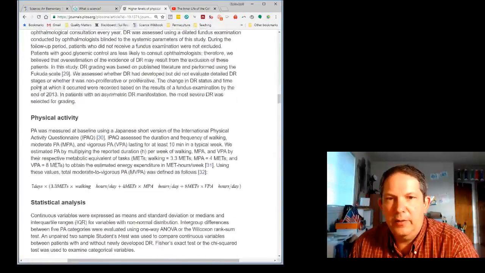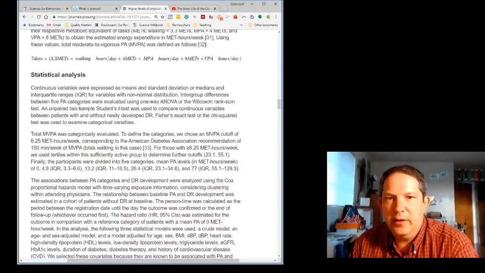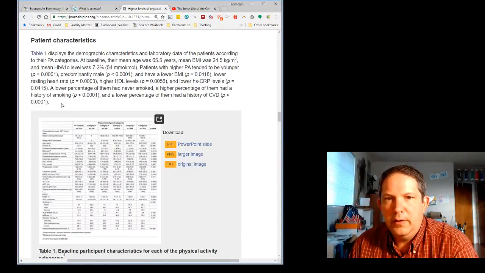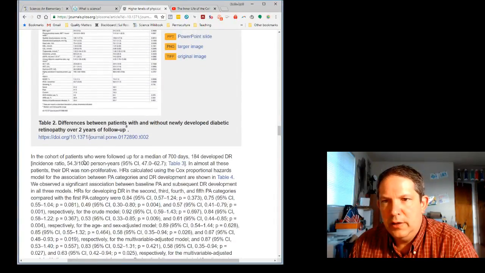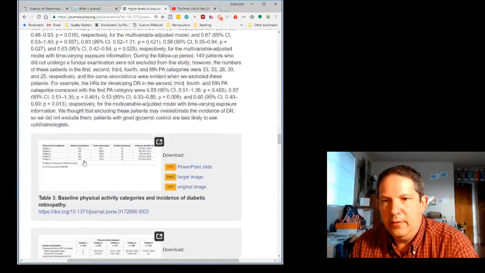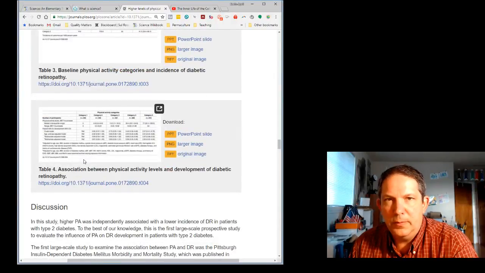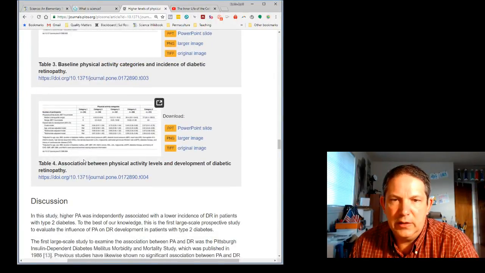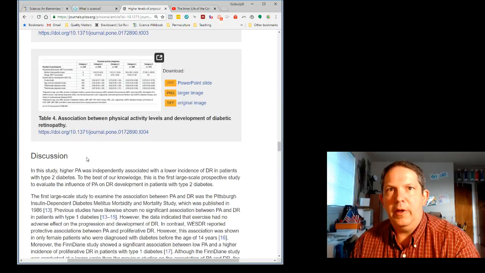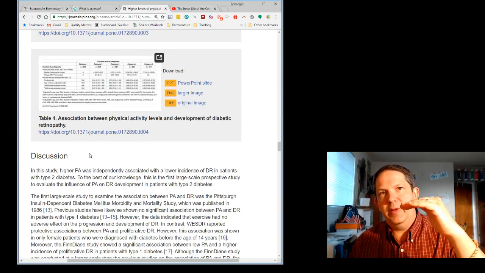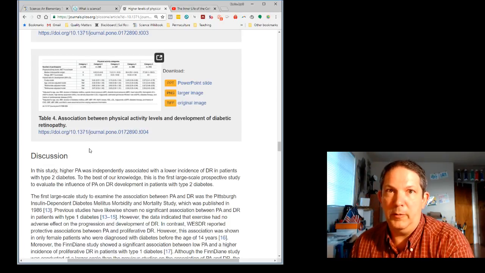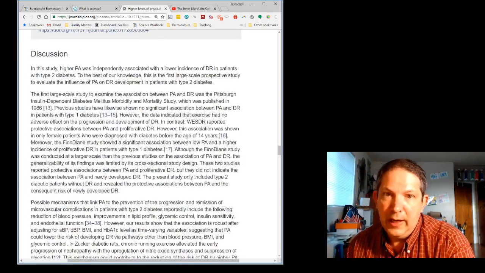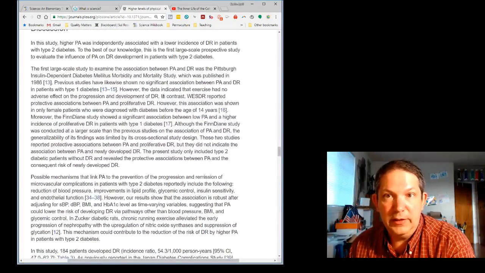Then they go to outcomes and physical activity, and they're going to have things like tables and charts, and they're going to present their results in some way. So you have an introduction, you have materials and methods, you have your results, which are going to be varied depending on the study, and then you have a discussion area where you interpret your results, basically.